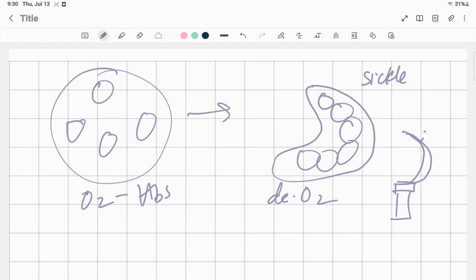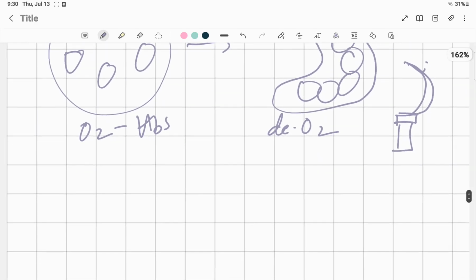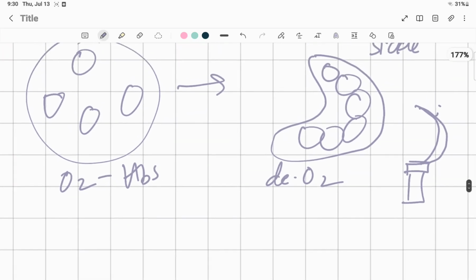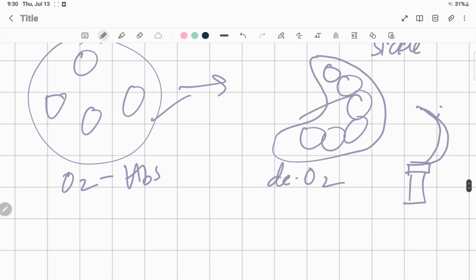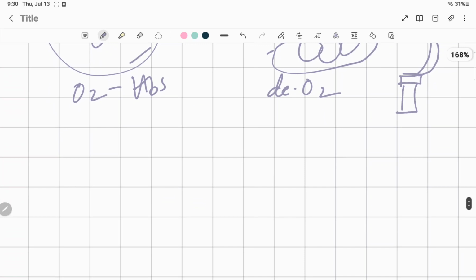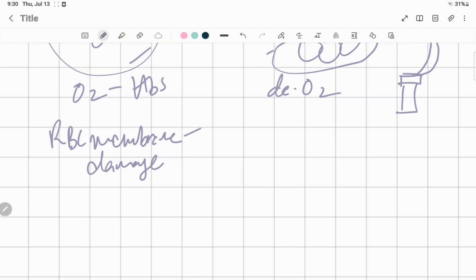Because of on-again, off-again oxygenation and deoxygenation, these cells become spherical and then crescent. This puts a strain on the RBC membrane, and the membrane gets damaged. As we know from general pathology, when there is membrane damage, there's inevitable cell death.